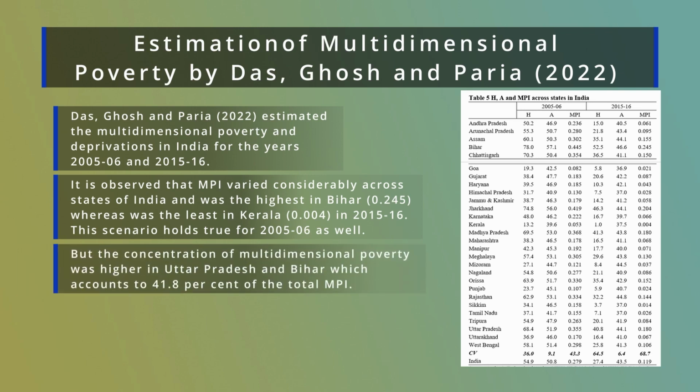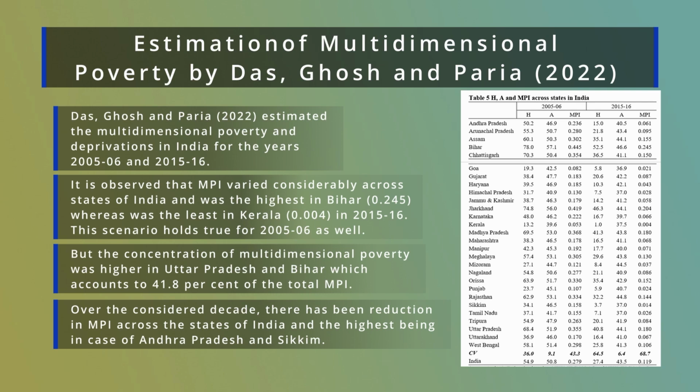Not only that, across states of India, multidimensional poverty is mainly concentrated in two states, Bihar and Uttar Pradesh, where around 42% of the total multidimensionally poor people are located, though their share of population is around 20%. These empirical facts help us to understand the high concentration of multidimensional poverty in Uttar Pradesh and Bihar.